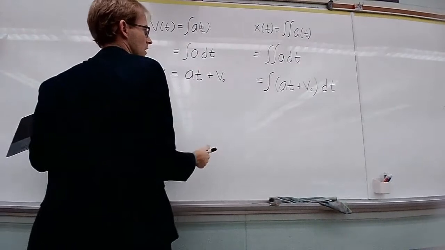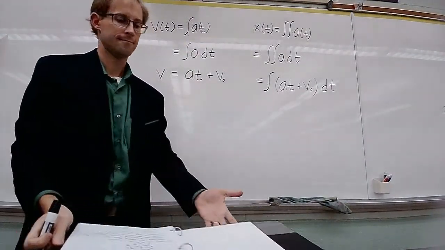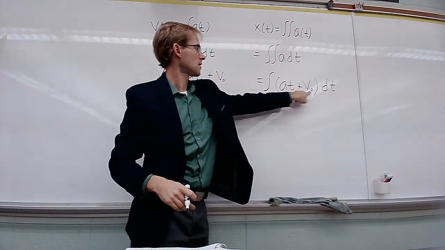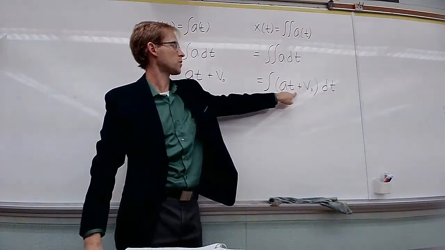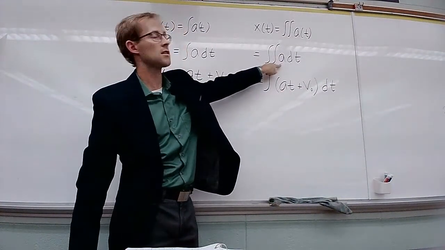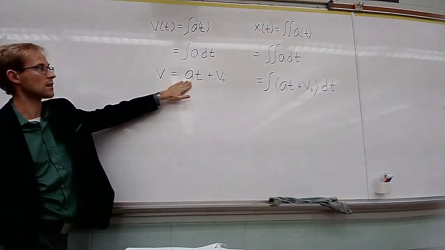Why are you using velocity again? You're not solving for velocity. Well, this velocity was the result of the first integral that we took. When we took the first integral of acceleration, we ended here.